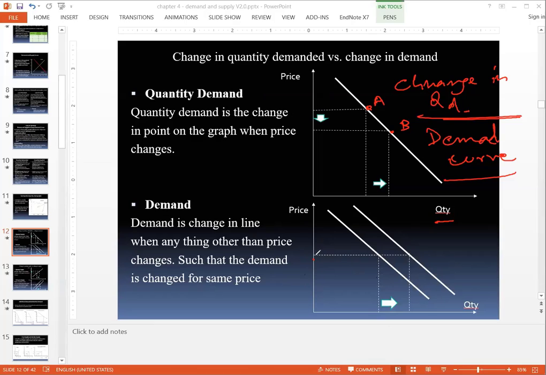If price is not changing, and something else has changed which is causing a change in demand, we call it a change in demand. I hope it is clear now. When the y-axis is changing, it will cause a change in quantity demanded. If the y-axis is not changing and still the line is changing, it is because of something else, not the price. So we call it a change in demand.